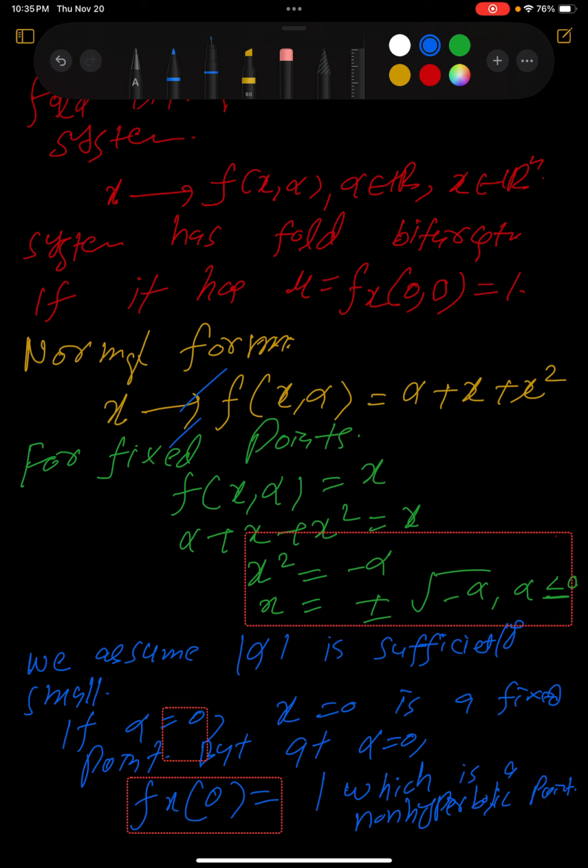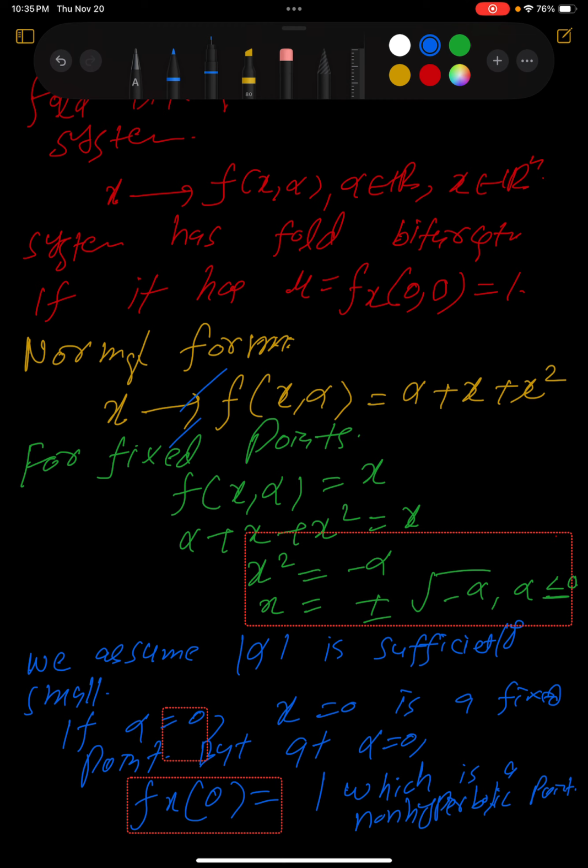This means that if the eigenvalue for the discrete system is 1 or minus 1, we cannot determine the stability. So that is called the non-hyperbolic point.